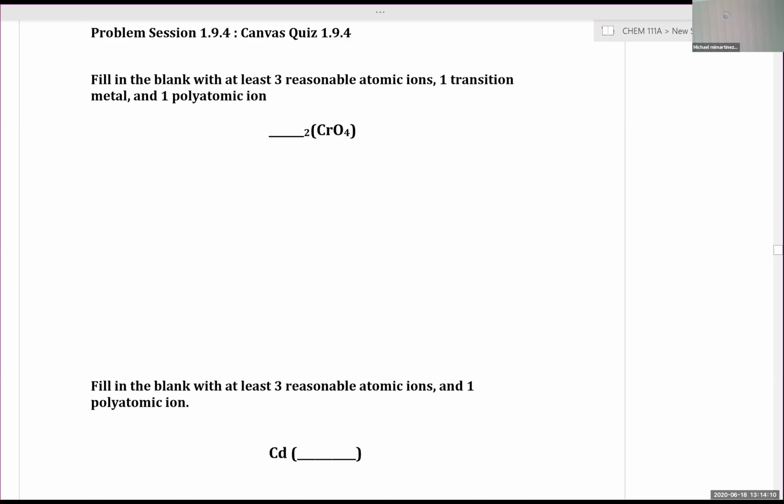Any questions so far? Any proposed responses so far? We'll discuss in about 3 to 4 minutes.